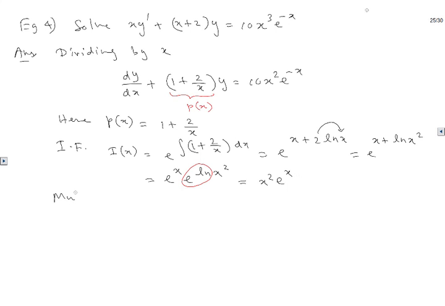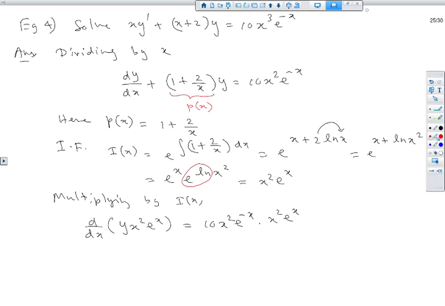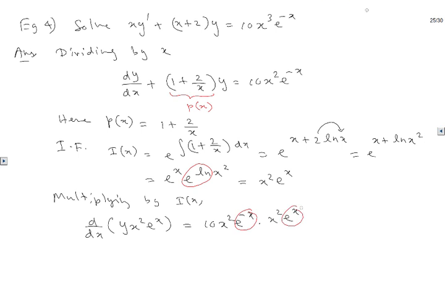So multiplying by μ(x), we have d/dx of y times the integrating factor, x²e^x. On the other side it is 10x²e^(-x) times x²e^x, and you can see that these two terms get cancelled out. So you're going to get 10x⁴.